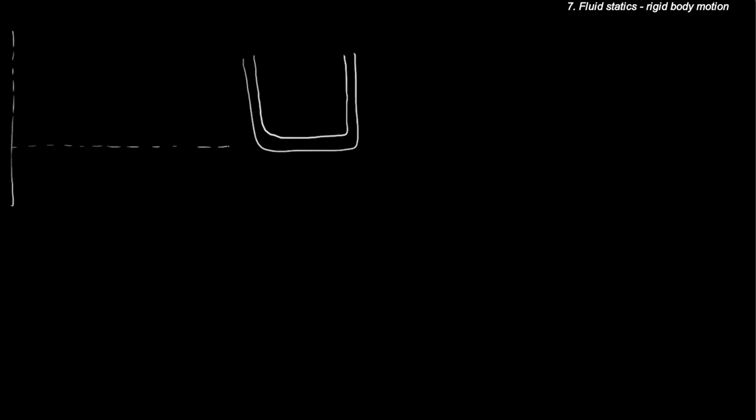Let us consider a problem in which we have a U-tube manometer as shown, but it is now rotating, or rather it is held rigid with respect to this particular axis, and this particular axis rotates at a certain RPM.